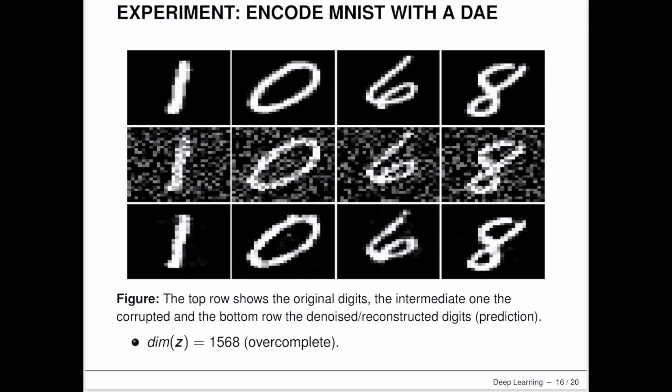We can easily spot these pixels, like this one or here on the side, which are not exactly present in the original data. So even with more hidden neurons than input neurons, we don't get a simple identity mapping anymore.